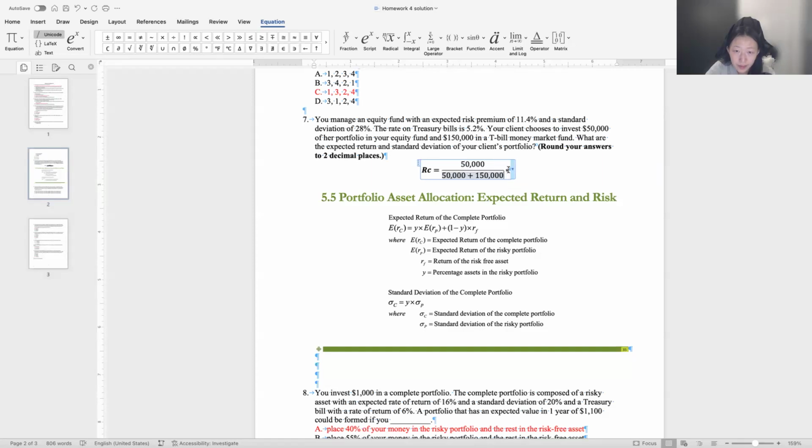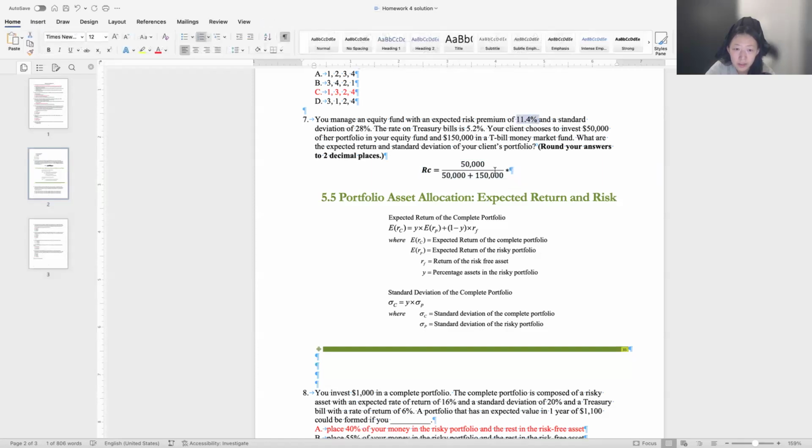And then the risk premium is 11% plus 1 minus the rate times the risk-free rate, 5.2%, equals.